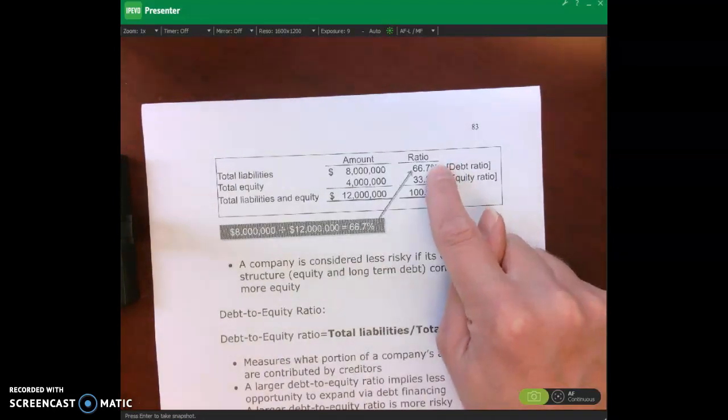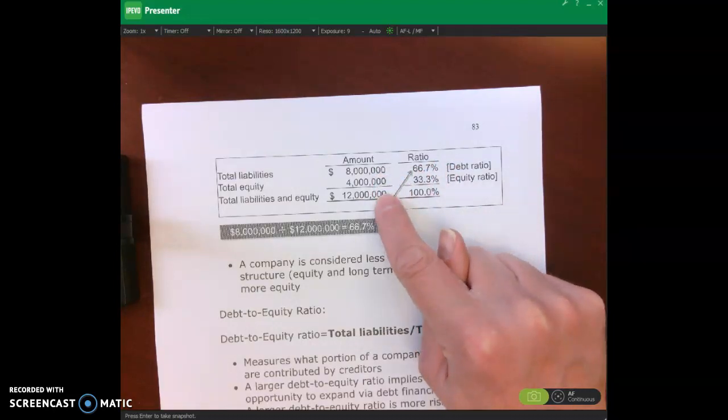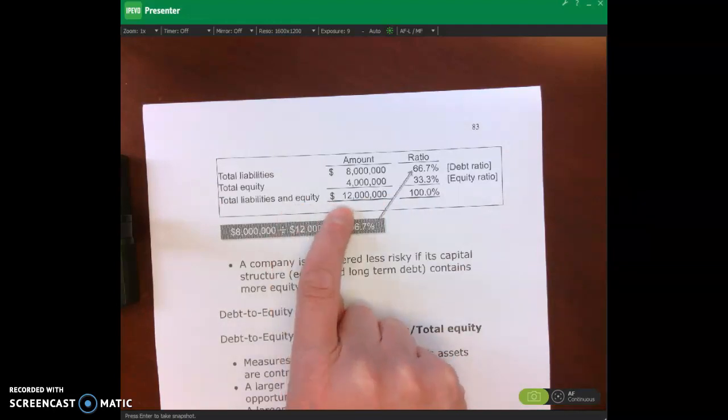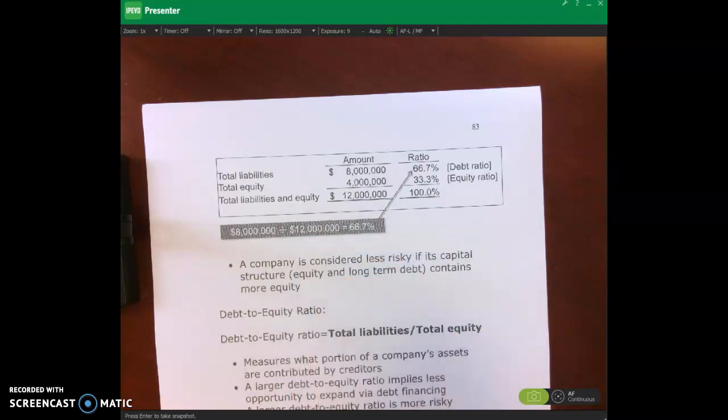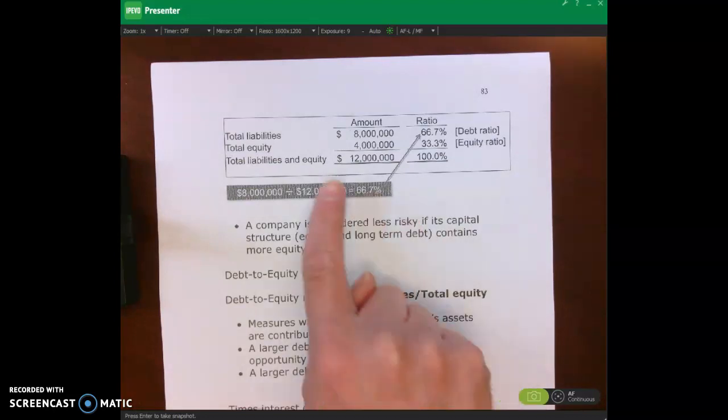How did we get 66.7? Well, we took our total liabilities divided by our total liabilities and equity. And as we know from the balance sheet, total liabilities plus equity equals total assets. So a company is going to be less risky if it has more equity and less debt.